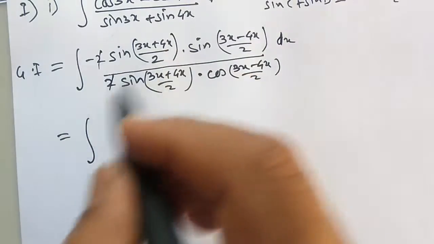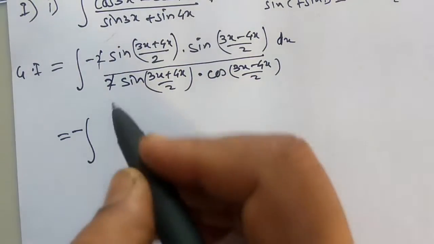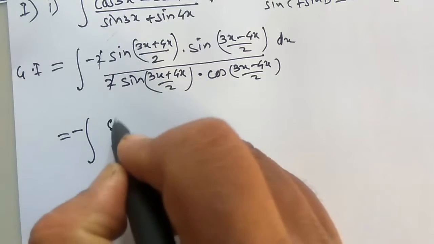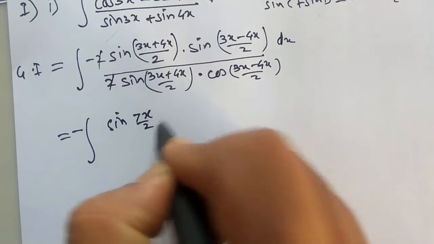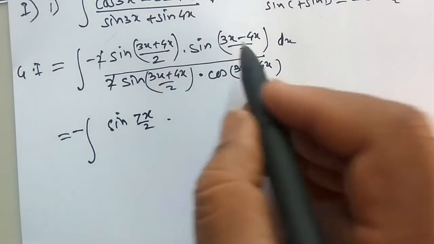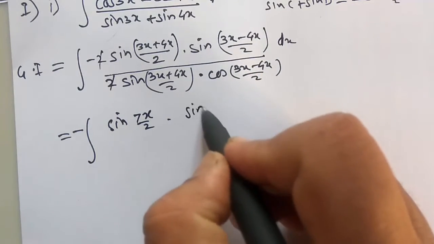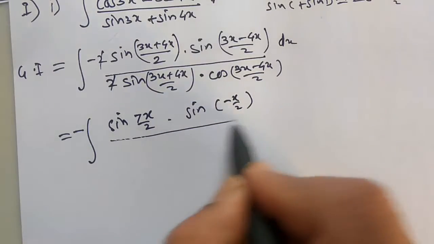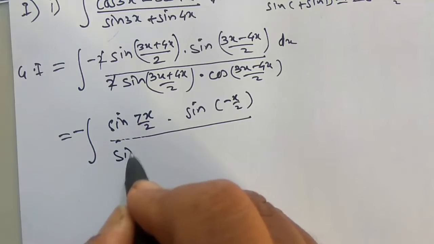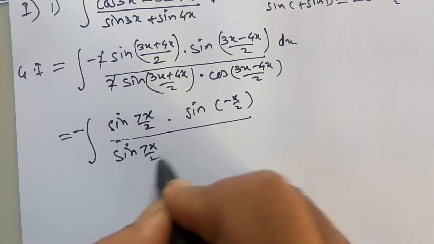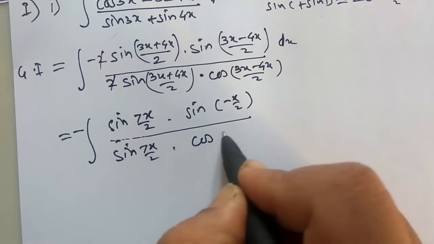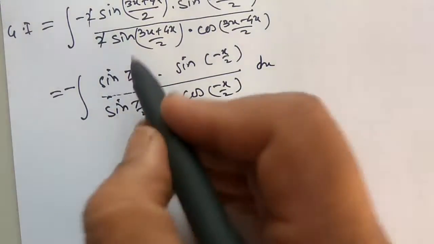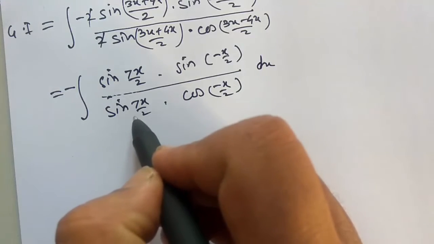The 2 gets cancelled. Here it is minus sin of 7x by 2 into sin of minus x by 2, upon sin of 7x by 2 into cos of minus x by 2 dx.